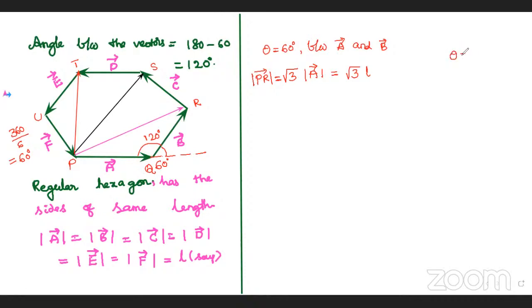Theta equals 60 degrees: if the magnitudes are equal for two vectors, then the resultant is root 3 times F. Theta equals 90 degrees: this is root 2 times F. If theta equals 120 degrees, what we derived that day, then that is equal to 1 F. All of you remember this shortcut now, what I gave in the class?